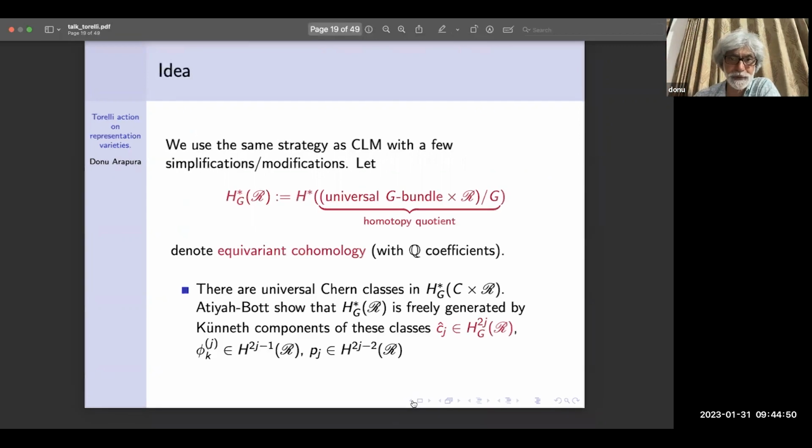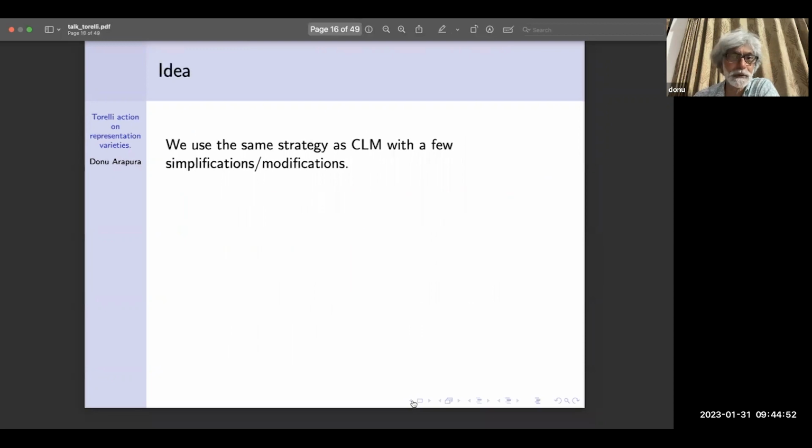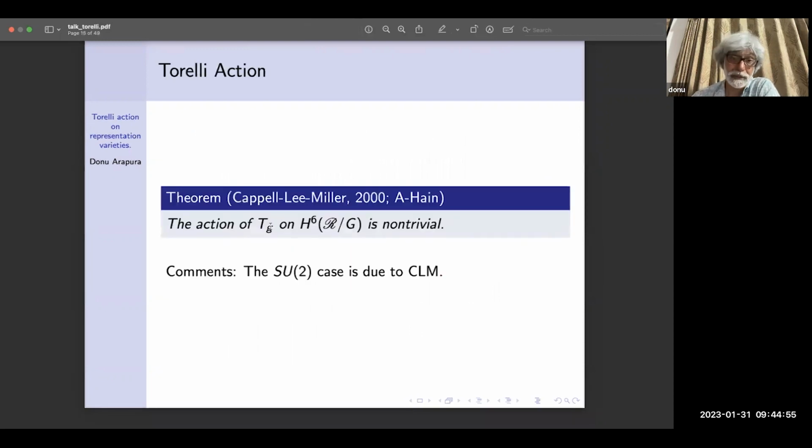So if I changed this to M of degree D rank R, where D and N are coprime, then this action is trivial.